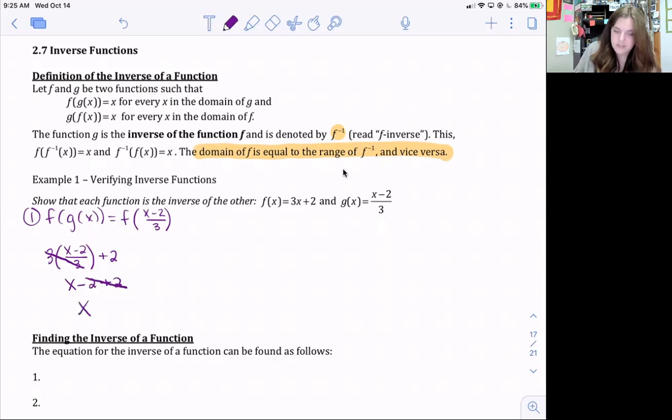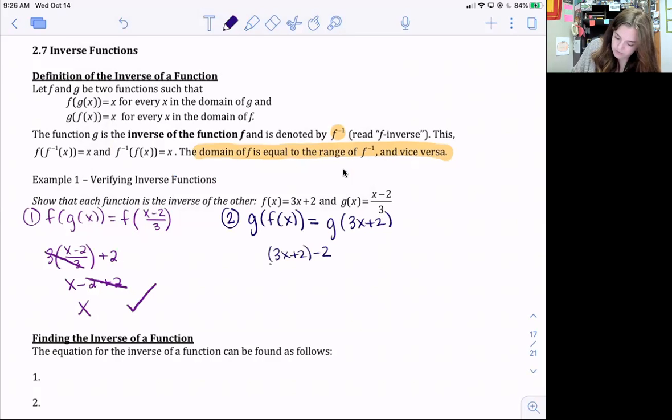So that checks. Now let's go the other direction. The second thing we want to check is g of f of x. So we're going to find g of 3x plus 2, which is going to be (3x plus 2 minus 2) divided by 3.